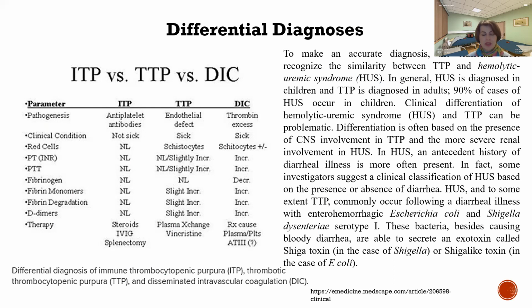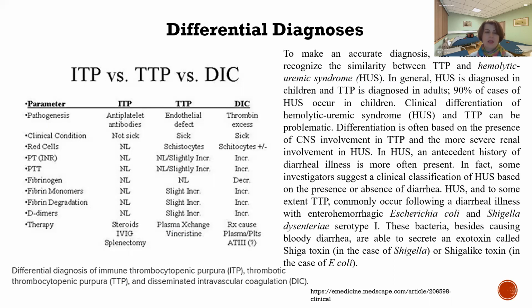Prothrombin time or international ratio: a slight increase in patients with thrombocytopenic purpura, can be normal in patients with immune purpura, and increased in patients with disseminated coagulation. Fibrin degradation products, the same story: increased in disseminated coagulation, slightly increased in thrombocytopenic purpura, and absolutely normal in immune purpura.